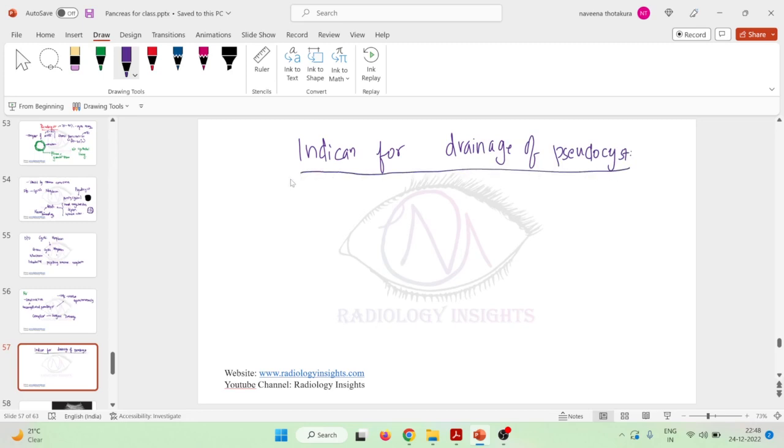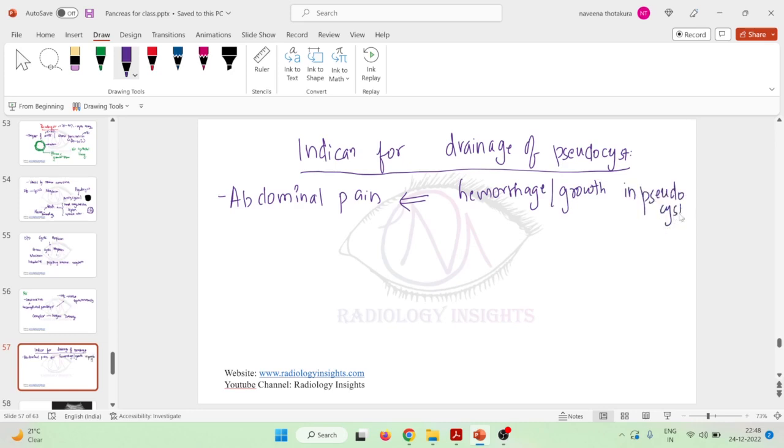Surgical drainage might be required if the patient has abdominal pain, because the patient might have pain whenever there is hemorrhage or any growth in the pseudocyst, which indicates the requirement of drainage.